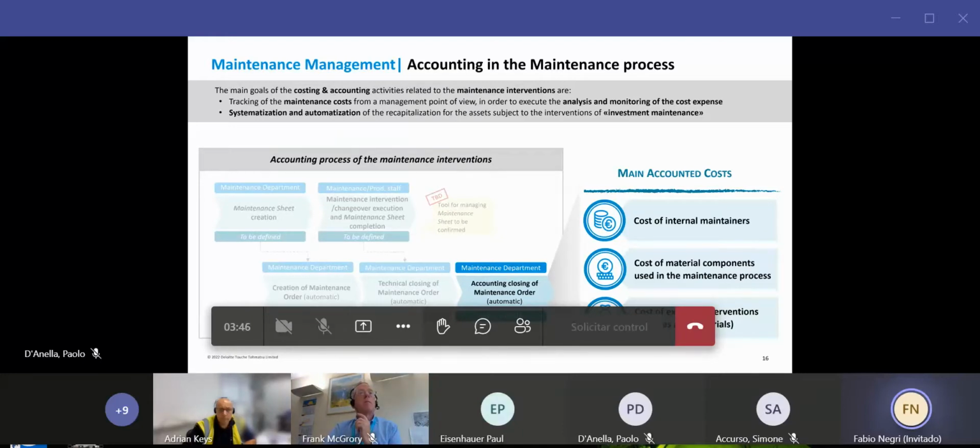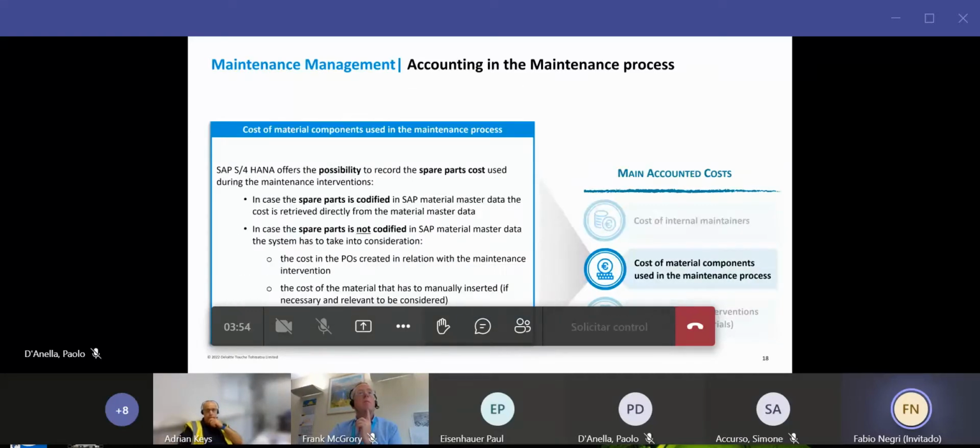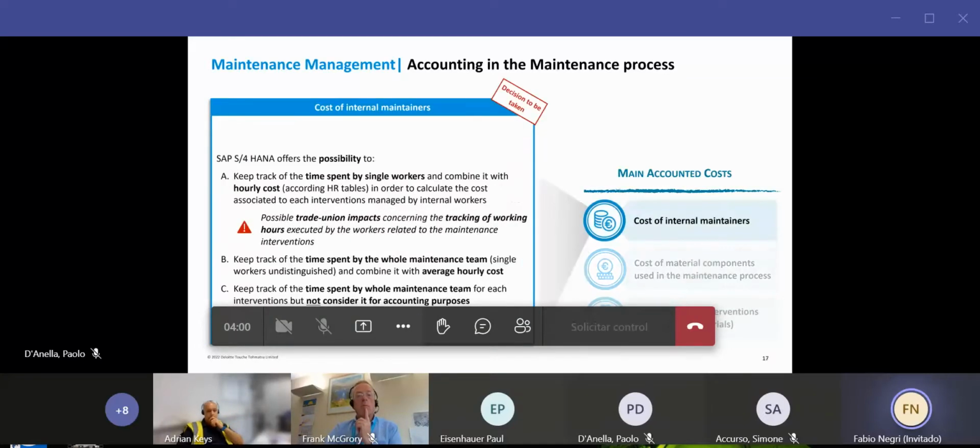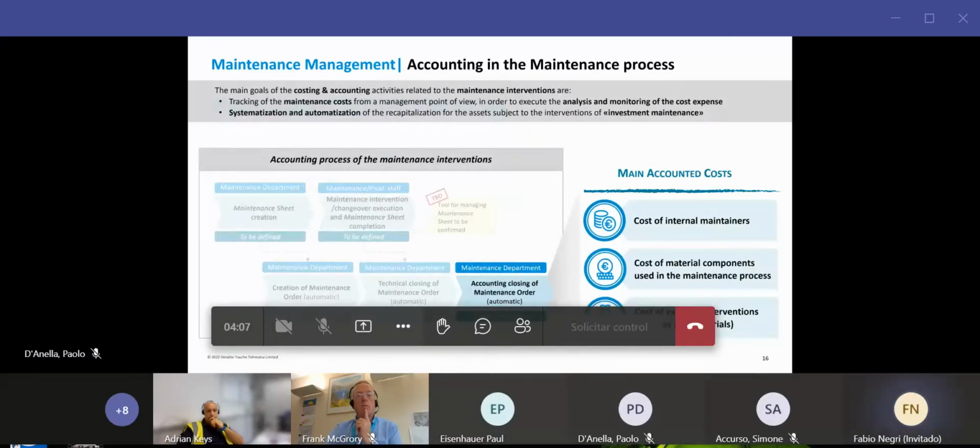This means that SAP will be able to account all the costs that are considered in the maintenance order. Paolo, you skipped to the next slide, but please stay on the previous one. On the 16, okay, thank you.